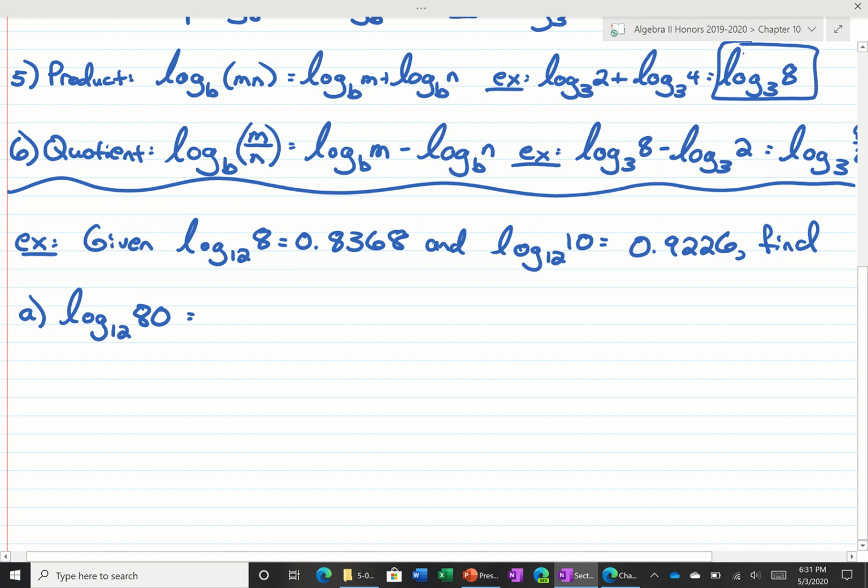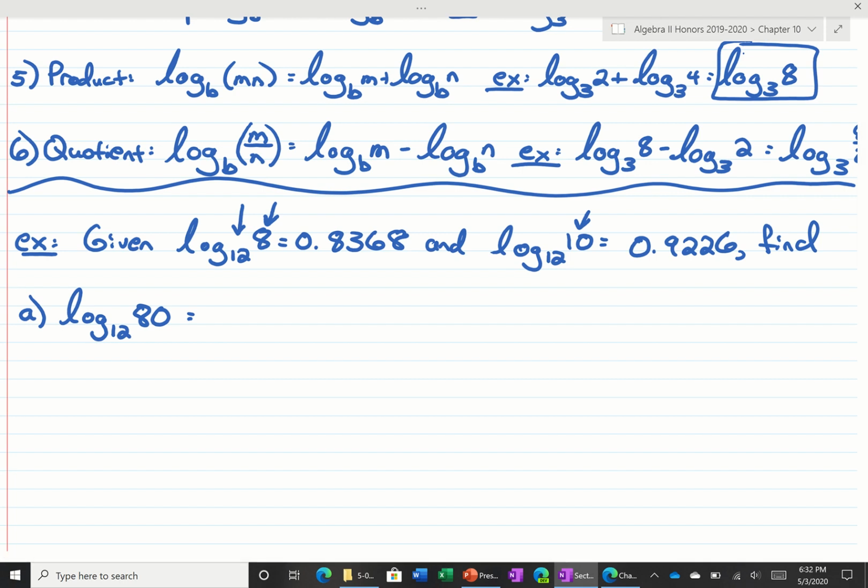At this point we can't type logs into our calculator. So you have to use the base and either argument to figure out how you come up with 80.